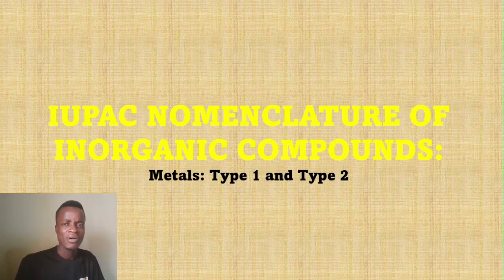The number of electrons that a particular metal agrees to contribute in forming a bond, that's what we call its oxidation number. So the potassium ion, for example, is K plus. It means that potassium is willing to contribute one electron in that bond. So the oxidation number of potassium is +1.